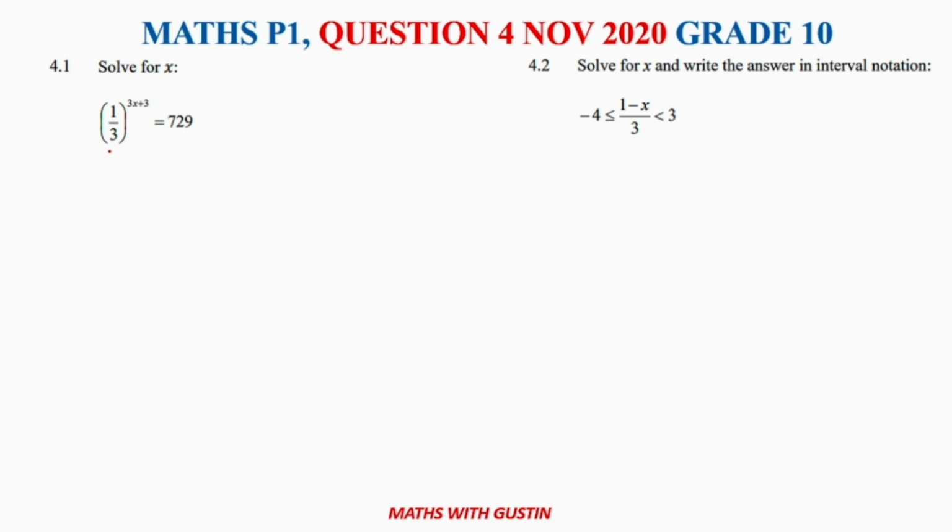We are given this. I can simplify this most and say 3 to the power of negative 1 in brackets 3x plus 3 is equal to 729, which can be written the same as 3 to the power of 6 as well. Now I've got bases that are the same, therefore the exponents should be equal as well.